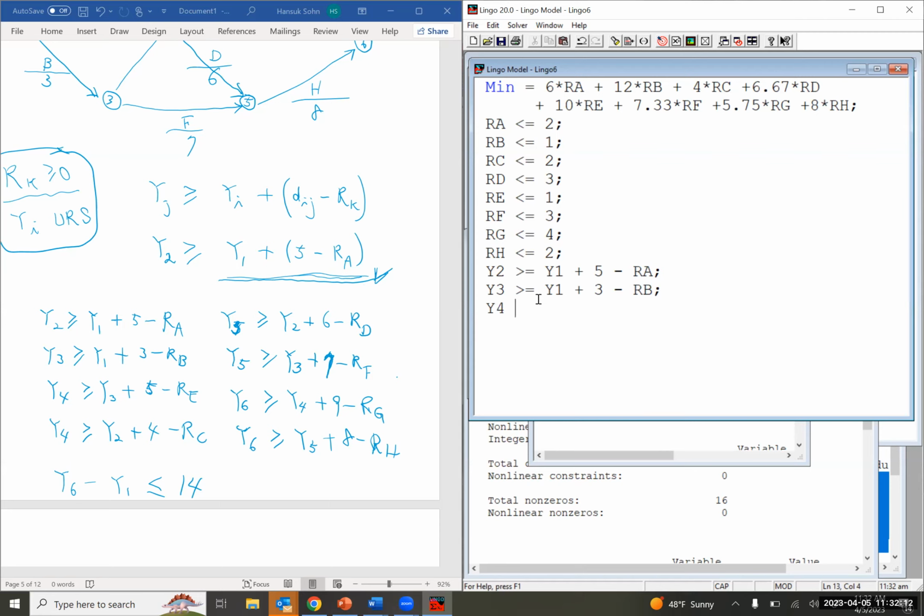Y4 is greater than or equal to y3 plus 5 minus RE. Y4 greater than or equal to y2 plus 4 minus RC.